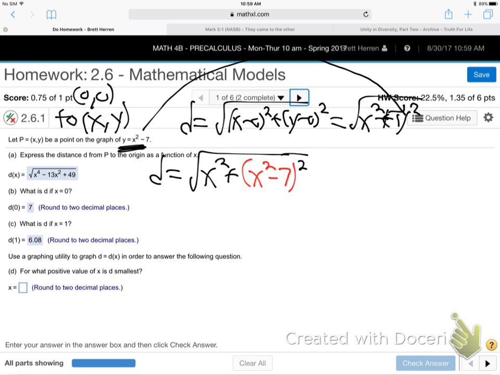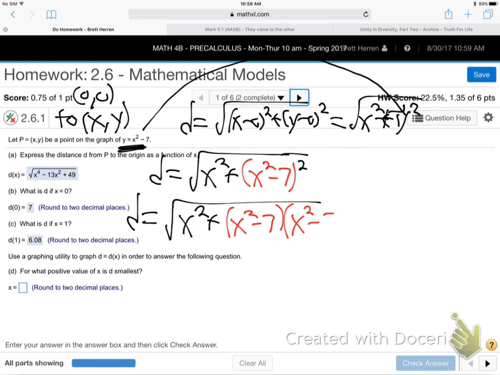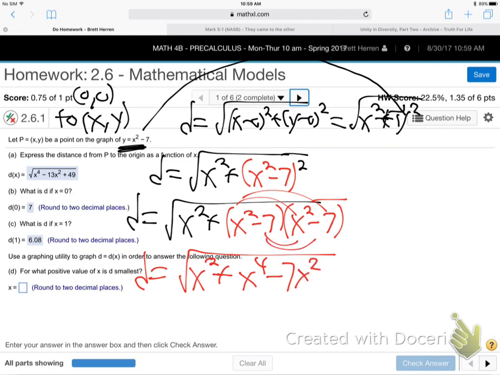So now let's work that out. Let's clean that up. So ready? So x squared plus, and this is going to be x squared minus 7. In fact, let me just change the color, make it easier to see. So (x squared minus 7) times (x squared minus 7). Okay, distribute. x to the 4th minus 7x squared minus 7x squared plus 49.